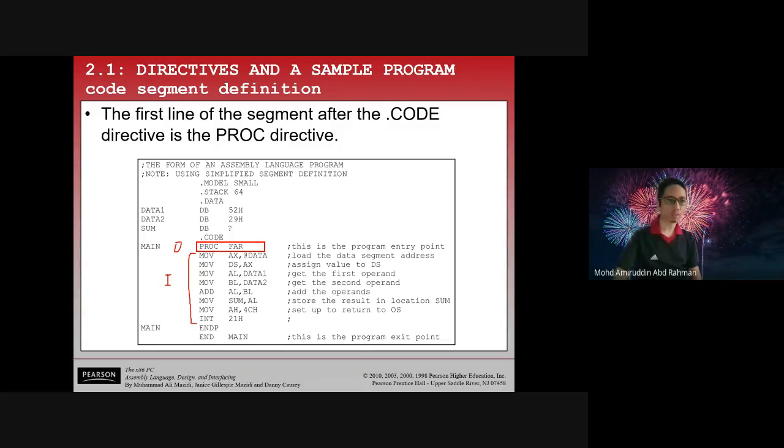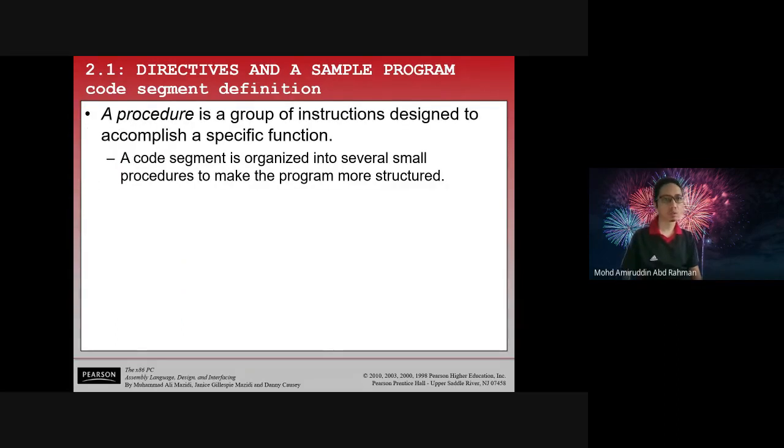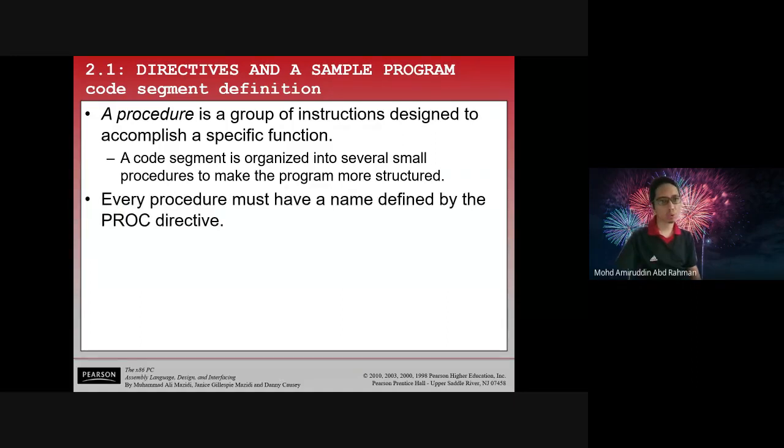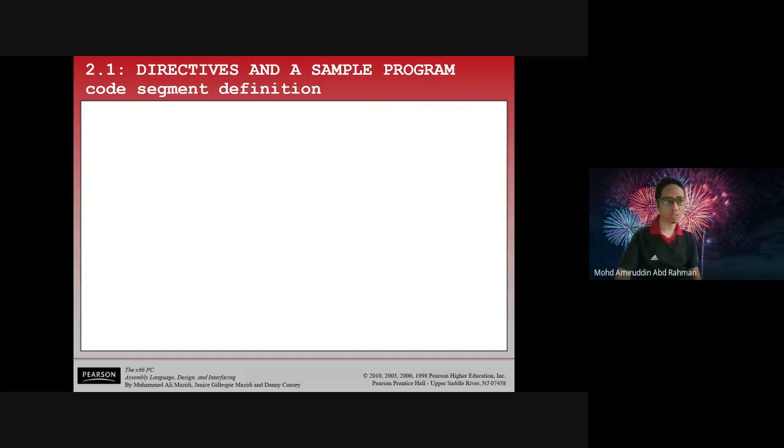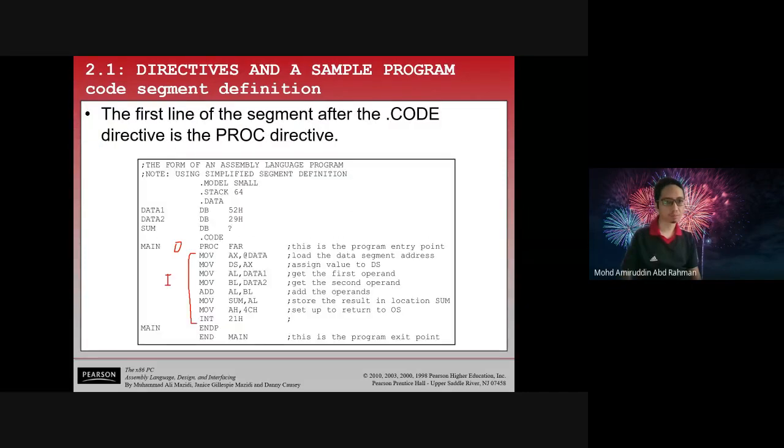It is designed to accomplish a specific function. The code segment is organized into several small procedures to make the program more structured. Every procedure must have a name defined by the PROC directive, and this must end with ENDP, where we end the procedure.